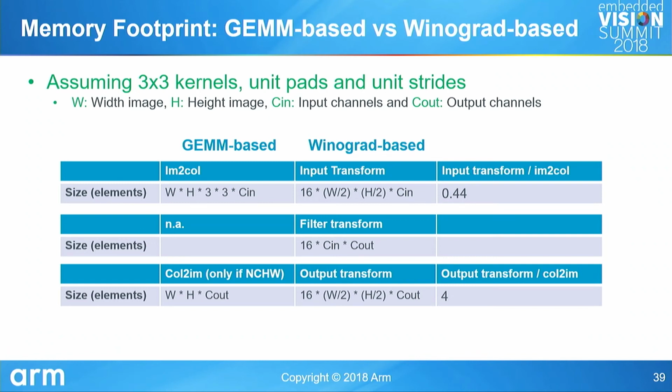So the input transform is essentially similar to the image to col we have for GEMM, but the memory footprint is less than the image to col. Essentially, we have a reduction of 0.44. However, for the GEMM-based approach, we don't have any filter transformations, so we need to take this into account. And also, if we look at the output transform, this requires 4 times the memory needed by the col to image.